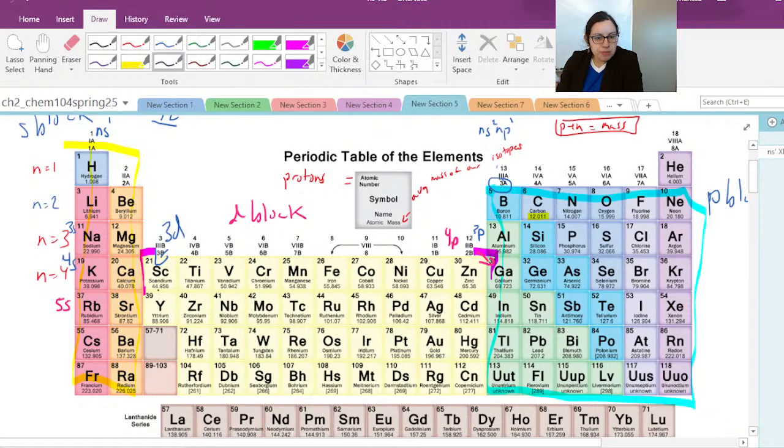And then yttrium, label that 4d. So now we're back to 4d, then filling in our d's. And then back to 5p. I would label that so you can remember that 5p starts back up. Then we finish up 5p with xenon. Then we go from 5p to 6s. So cesium starts 6s.